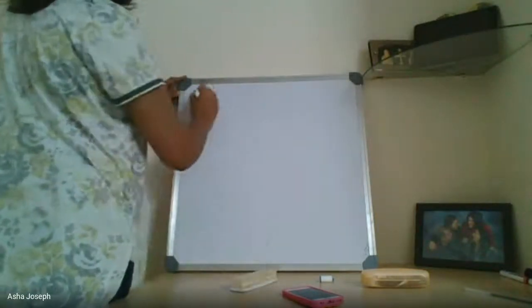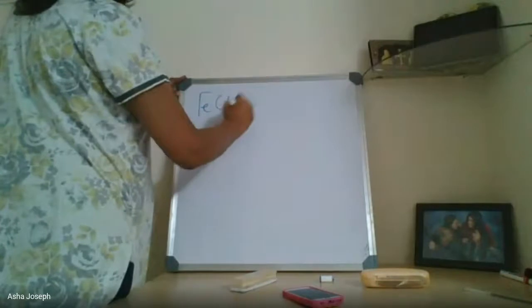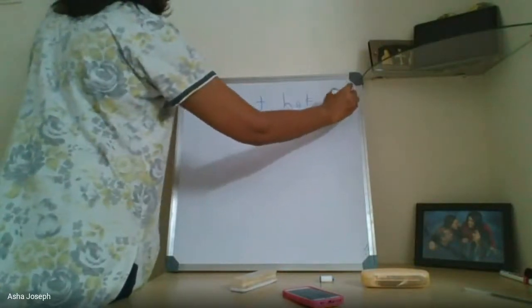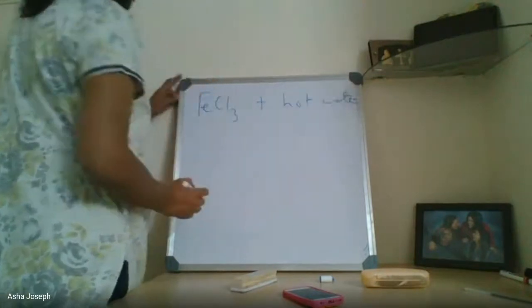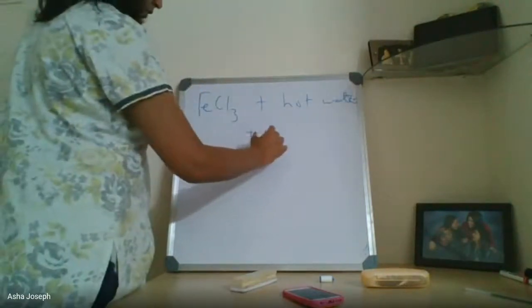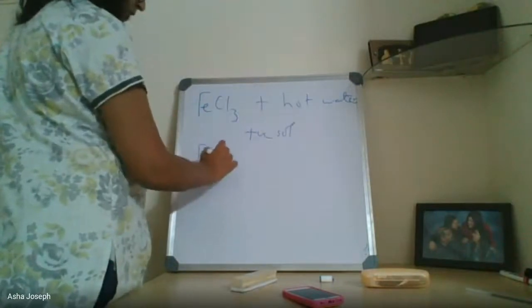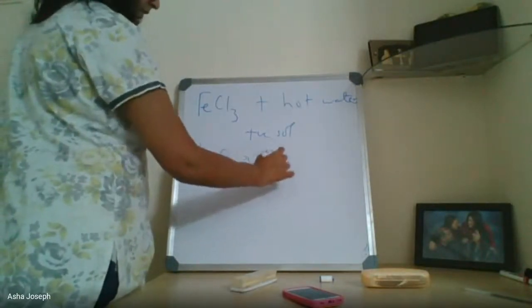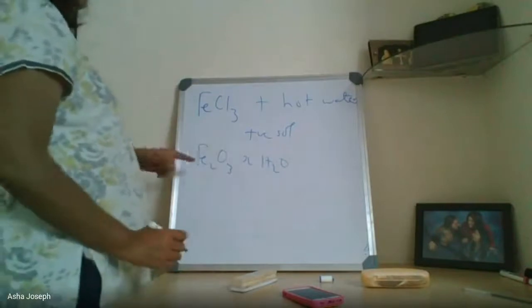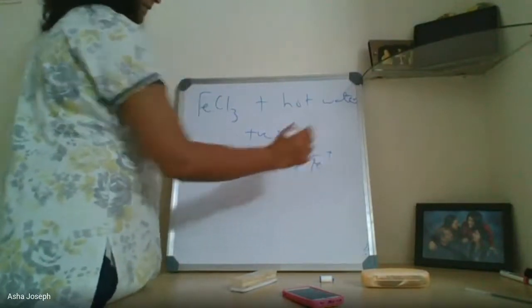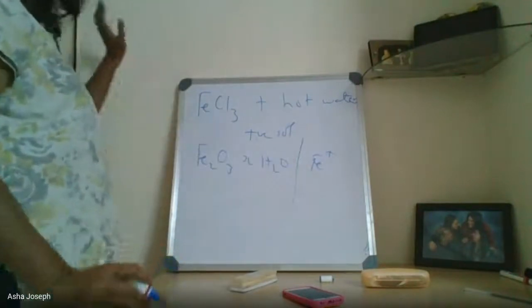Next example, ferric chloride. When it is added to hot water, you will get a positive sol. So when ferric chloride is added to hot water, you will get a hydrated ferric oxide, and that will adsorb Fe3+ ion, and you will get a positive sol.